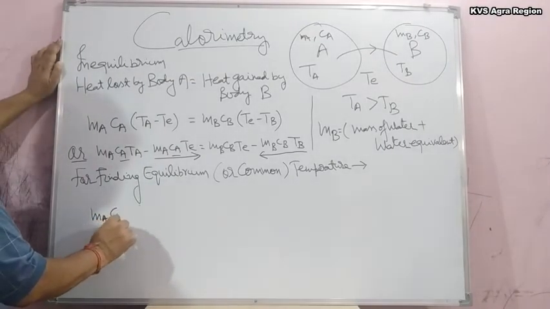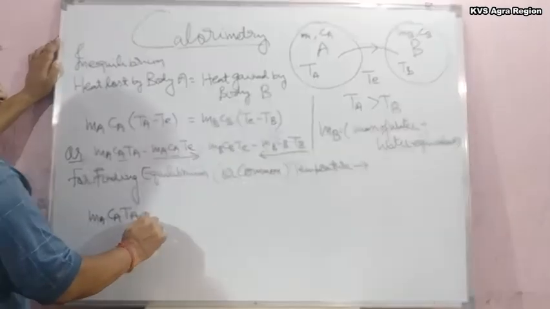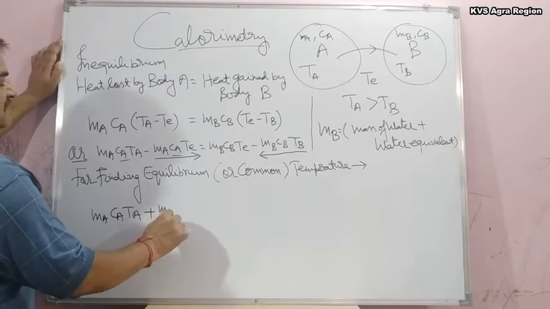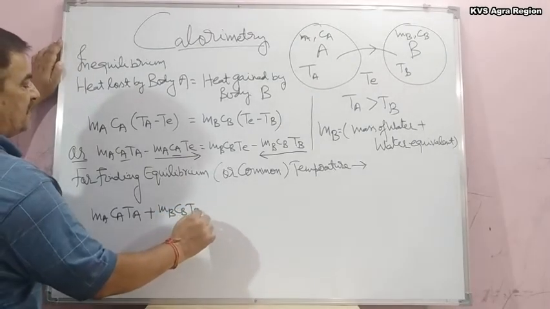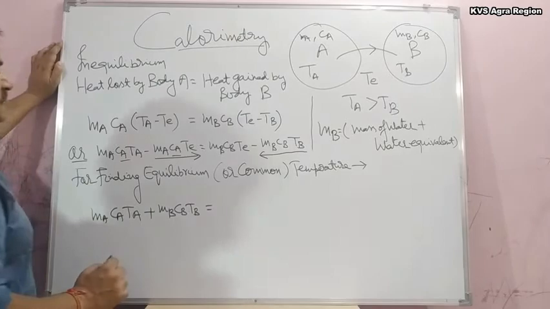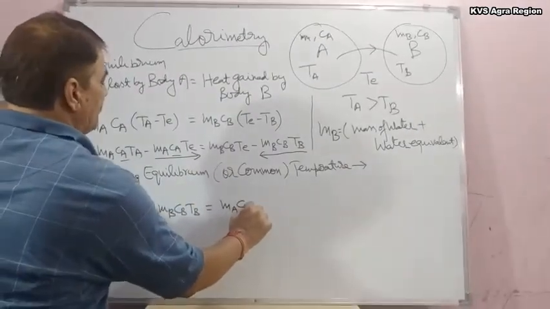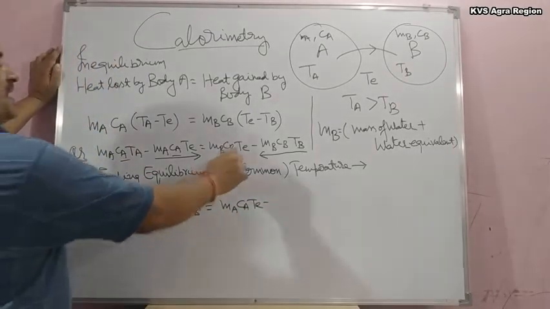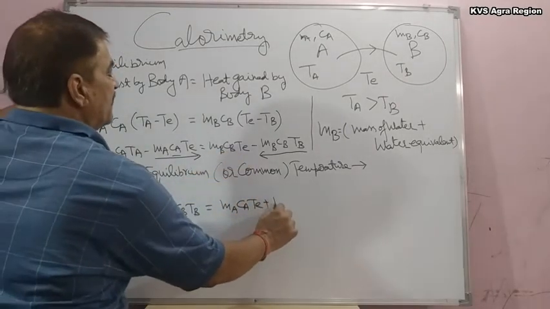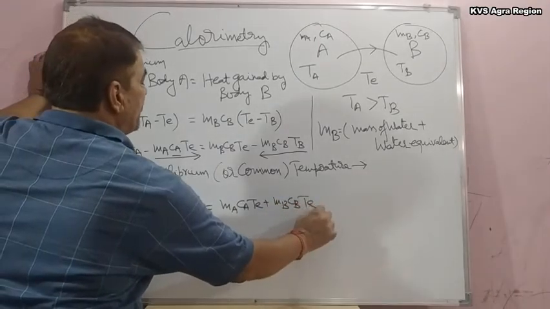So MA CA TA plus MB CB TB equivalent to MA CA TE plus MB CB TE.